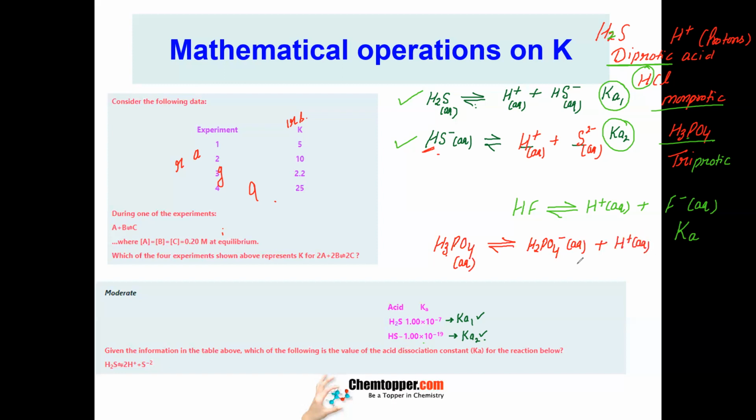The equilibrium constant for this one, I'm going to call it Ka1. Now I'm giving you another acid, this one. This is also an acid. Remove another hydrogen from here.